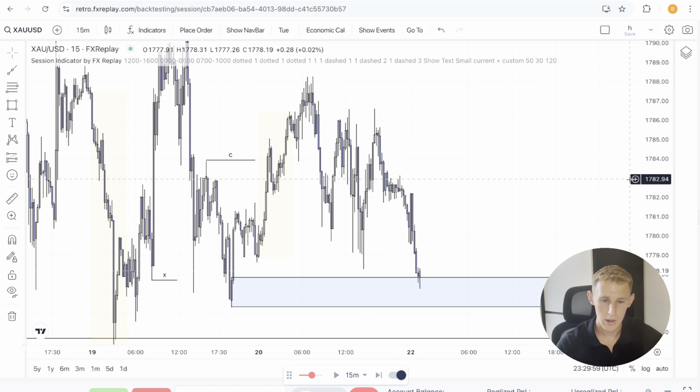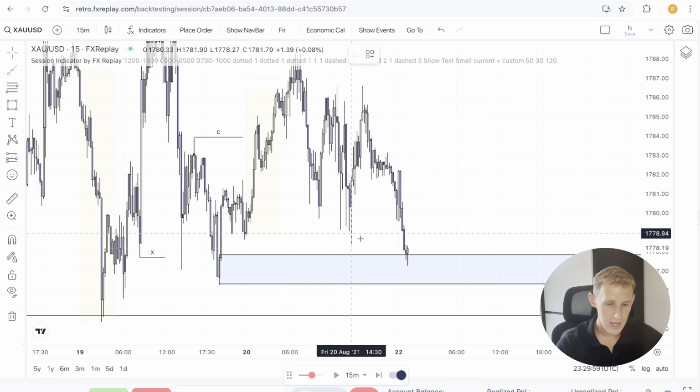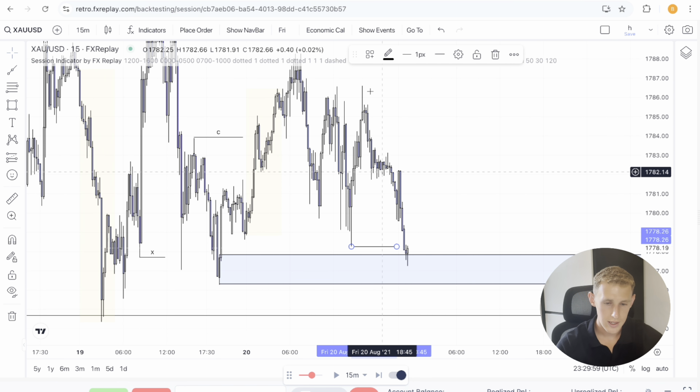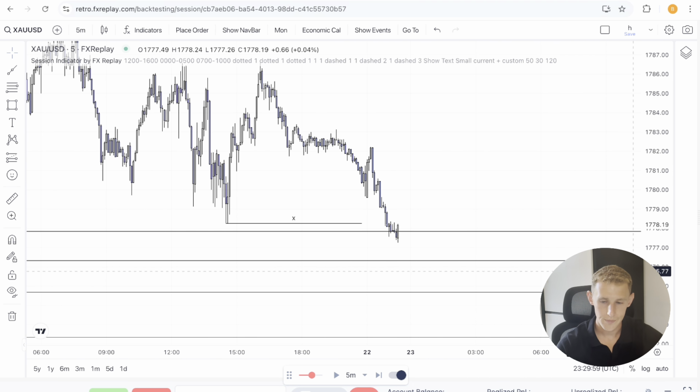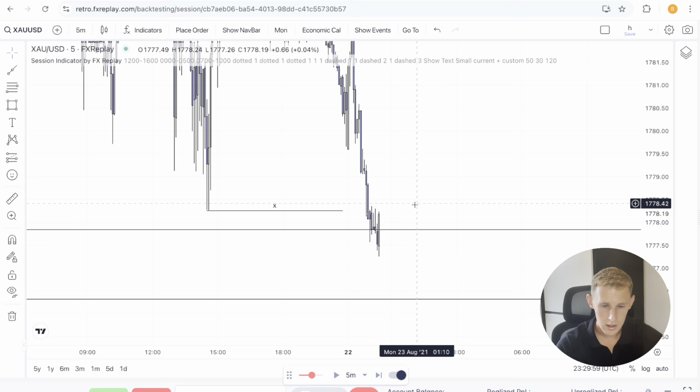Let's see, so price has come into that demand. It's taken out a previous low. So let's have a look. M5 time frame. What do we have?